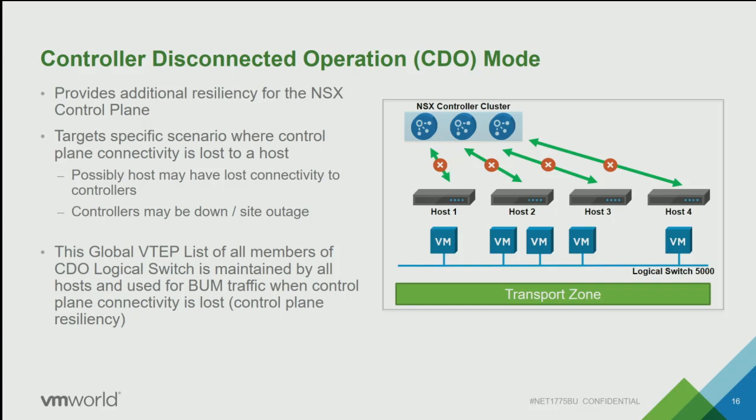Okay, so ARP suppression says if the controller knows an ARP table that was built through his communication to the host, and an ARP request comes to that VTEP, the VTEP says, I don't know it. I look in my ARP cache and I don't have it. Hey, controller, dude, do you know?